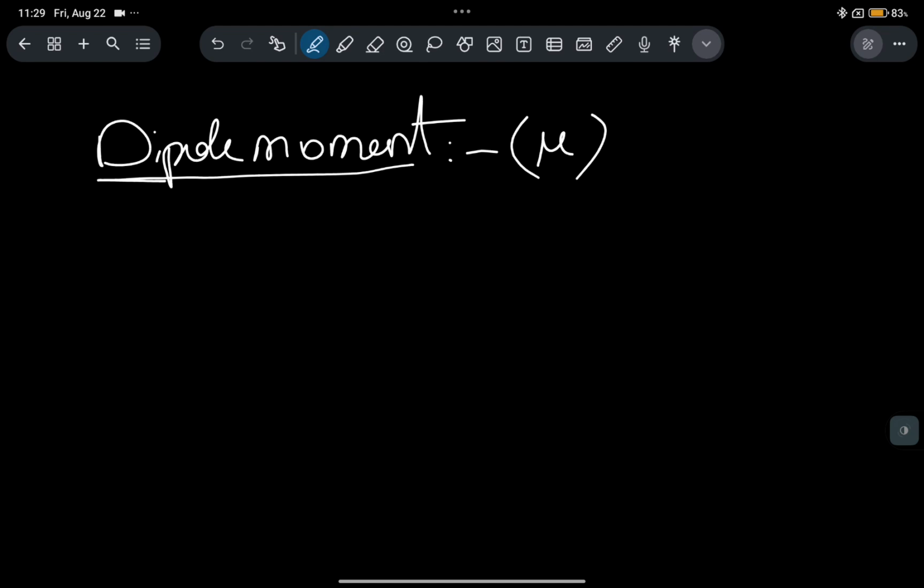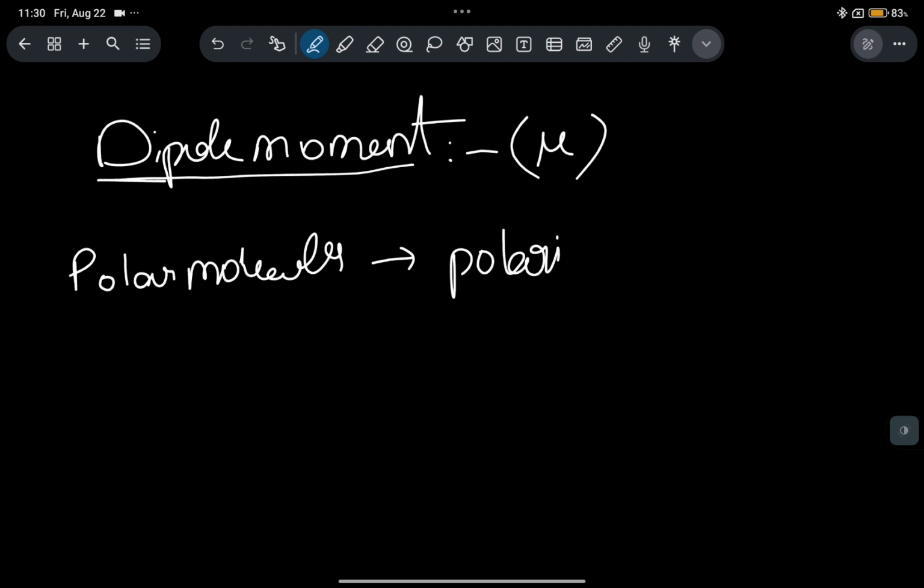Different atoms we consider as a polar molecule. A polar molecule has some polarity, and this polarity is measured or calculated using the dipole moment.